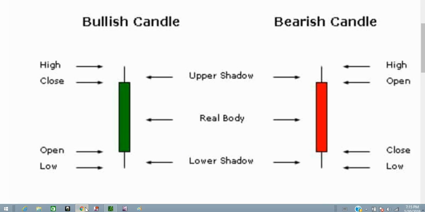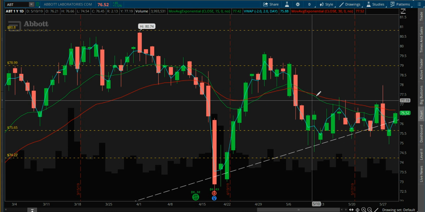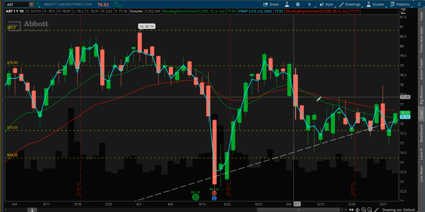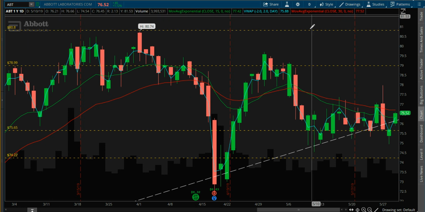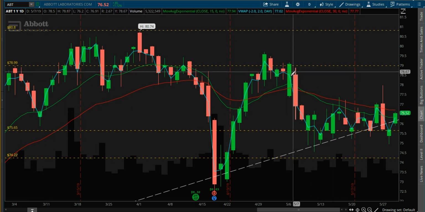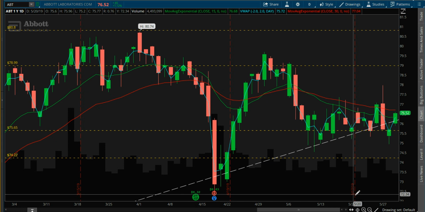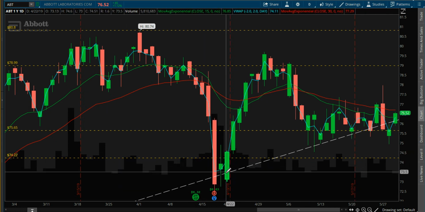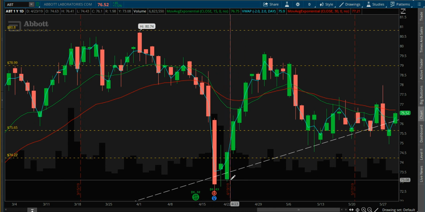So yeah, I'm going to show y'all this on an actual chart. See here we have the ABT stock. This is also a daily chart, so every candlestick here is one day, right? And you see the price action. It's showing you how the price started here at, let's say, $73.18.